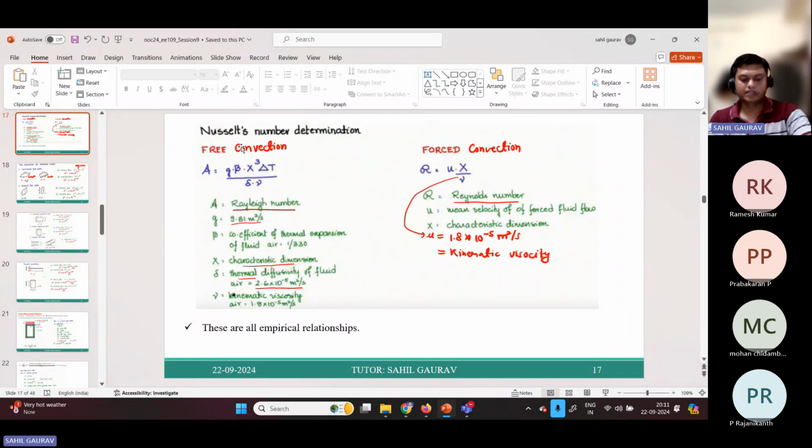So this one is the expression for Reynolds number, R equal to Ux upon mu. So just write the equation first.